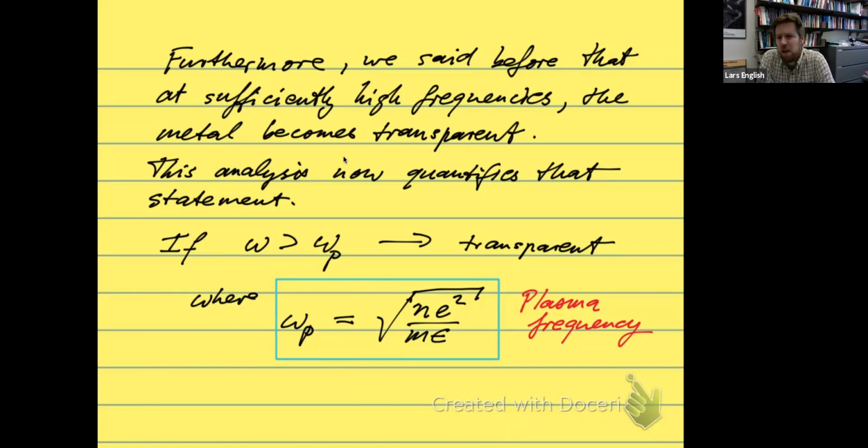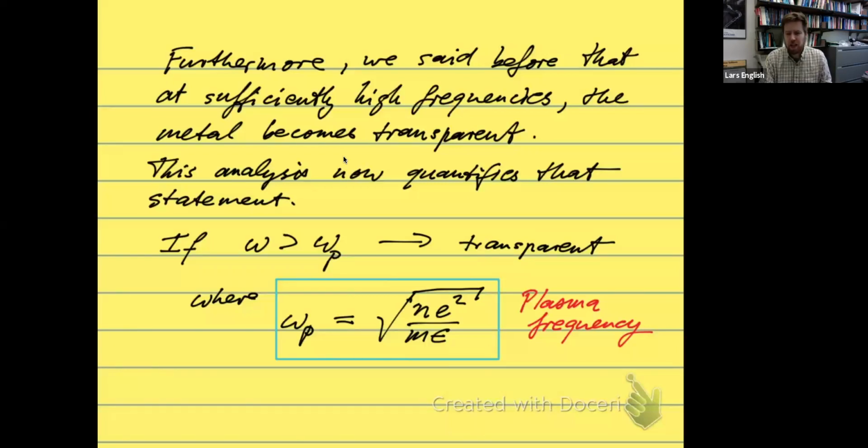Okay, so if an electromagnetic wave has a frequency that is higher than the plasma frequency, then the metal should not be able to attenuate its amplitude, and the electromagnetic wave should just be able to pass through the metal.